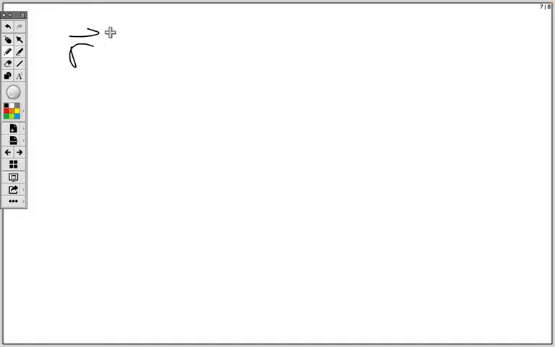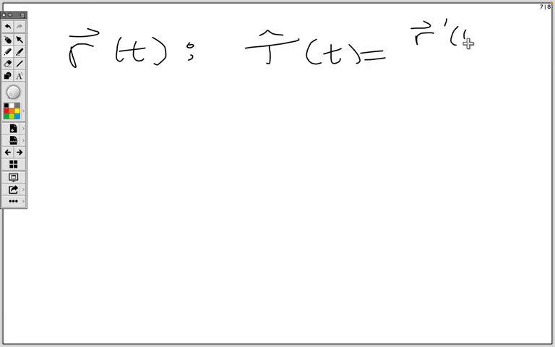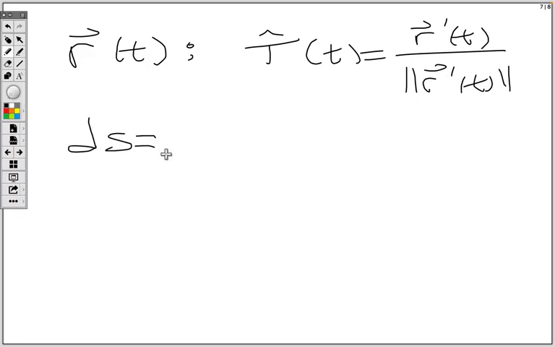Now, if we've got this parameterization available to us, then we know what T hat is going to be. T hat is r prime of t over the magnitude of r prime of t, and we know what the arc length differential looks like. We talked about this yesterday: magnitude of r prime of t dt. That's a callback to chapter 13.